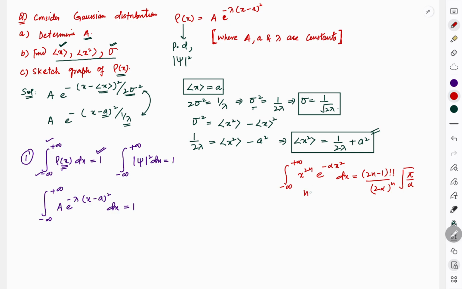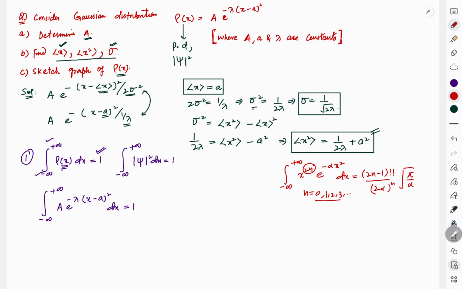Here n takes values 0, 1, 2, 3, so that the power is an even number. Otherwise, if it is odd, then the whole integral becomes odd and vanishes. Let's say x to the power 1 would be an odd integral, x to the power 3 is an odd integral, so that vanishes.